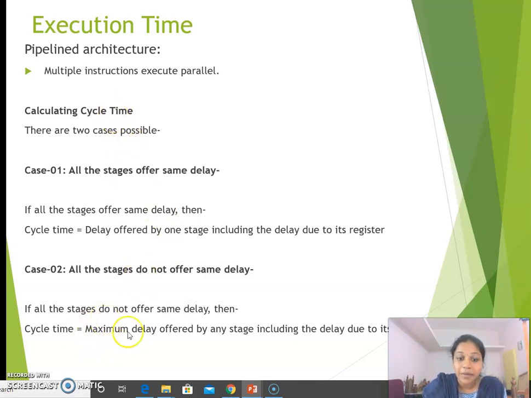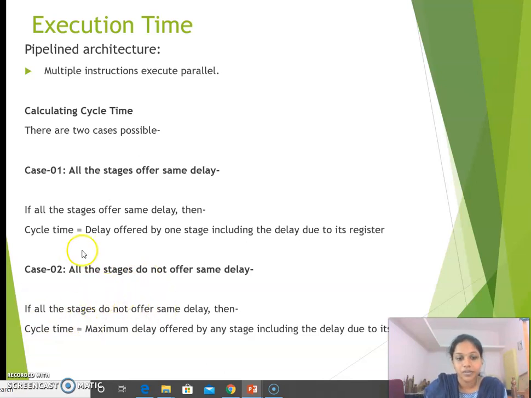We take the maximum delay offered at any stage. Suppose execution is the maximum delay, say 3 nanoseconds. So we take the 3 nanoseconds as the common delay time along with the buffer delay, that is, the newly inserted latches delay.